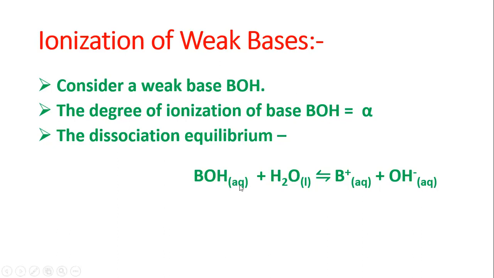BOH aqueous form means added to water. It will dissociate to form B plus plus OH minus. This reversible arrow is indicated because very few BOH units will be converted to ions, and most of the BOH will remain in this form.